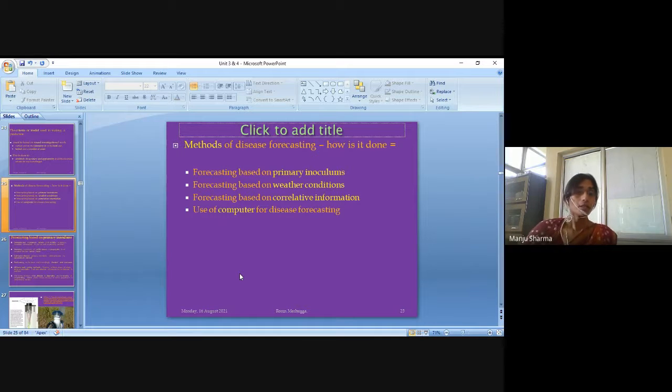First, forecasting based on primary inoculum, forecasting based on weather conditions, forecasting based on correlative information, and the use of computer for disease forecasting.